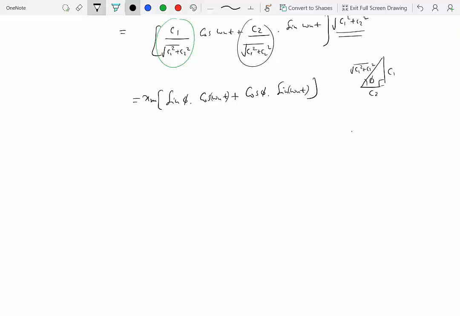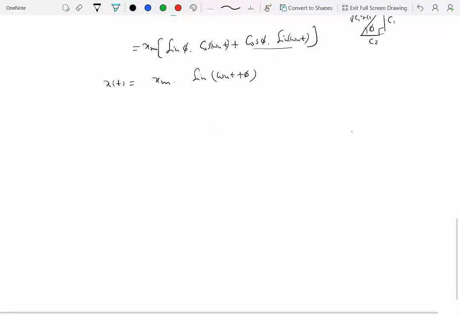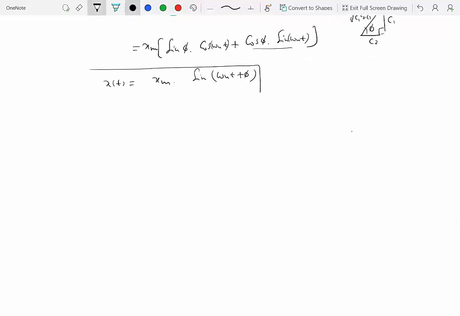So I'm going to write this first, x sub m. Again, why I'm writing x sub m is something that will become clear to you pretty soon. So x now becomes x m times sine of omega n t plus phi, right? Because sine of omega n t plus phi is nothing but sine omega n t times cosine phi, which is this, plus sine phi times cosine omega n t. So we get the solution to our equation of motion as this.